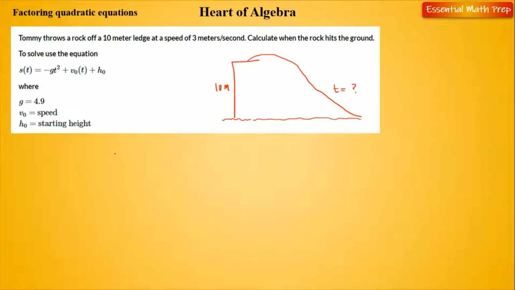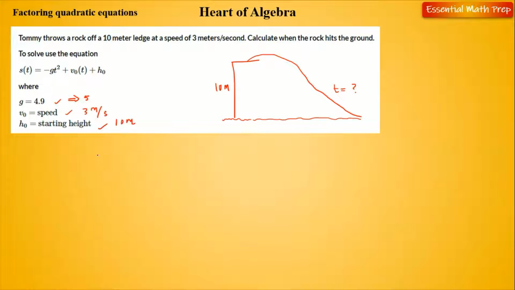So we know some information. We know gravity, we know the speed, and we know the starting height. Let's assume this 4.9 to be 5. Again, this problem is part of the use of calculator section, so you don't even need to do that, but it still makes your life very simple. So gravity is 5, speed is 3 meters per second, and height is 10 meters.